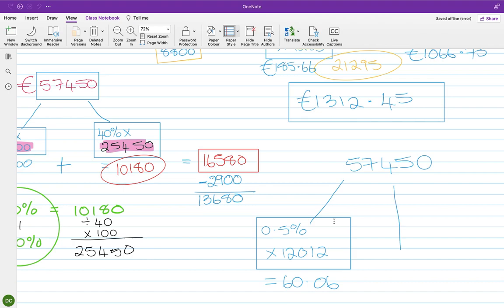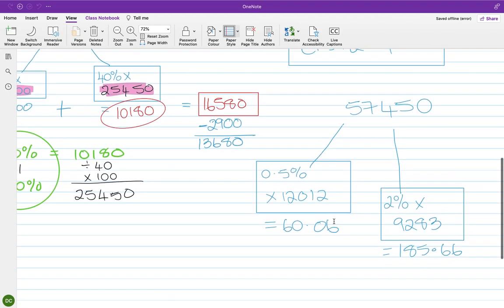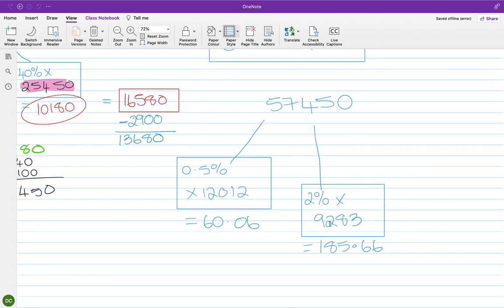Then we have 2% multiplied by 9,283, which is 185.66. Sorry.